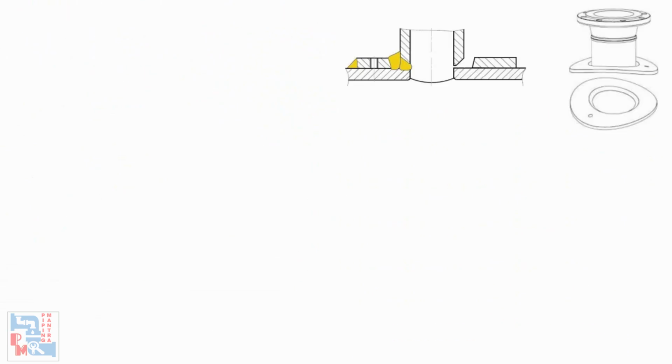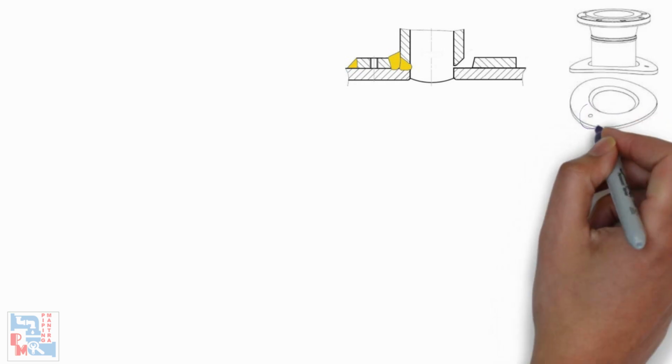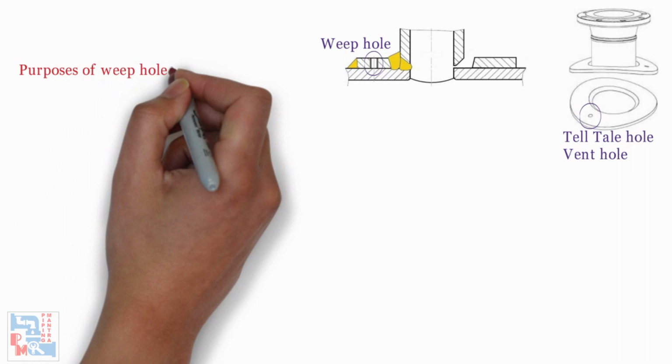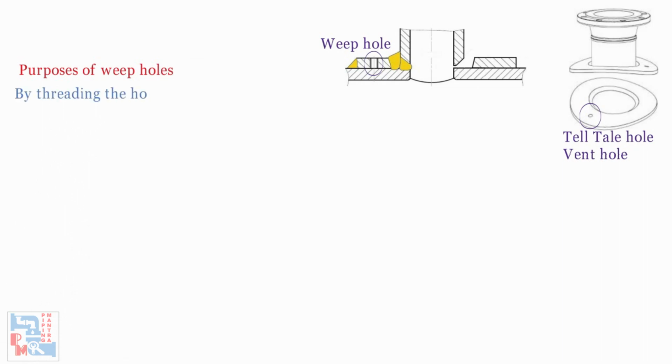Now, there is a small round hole present on the reinforcing pad, normally called a weep hole, sometimes also called a telltale hole or vent hole. The weep hole is provided at the side, not at the crotch of any pad or saddle. There are mainly two purposes of weep holes. First, by threading the hole, a test gauge can be threaded for an air or soap test to check for leakage.